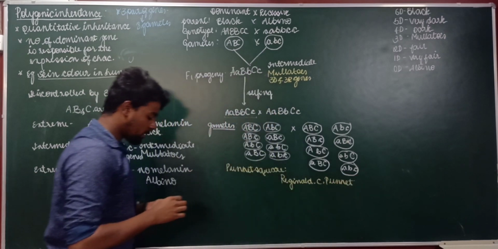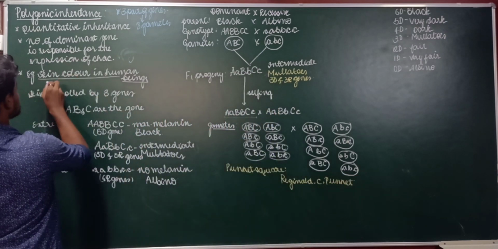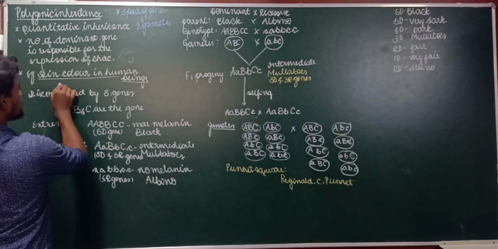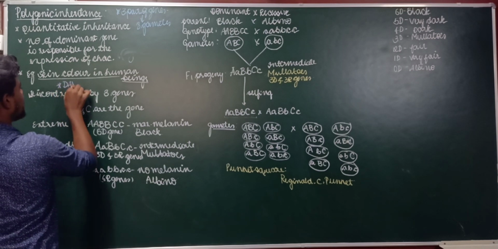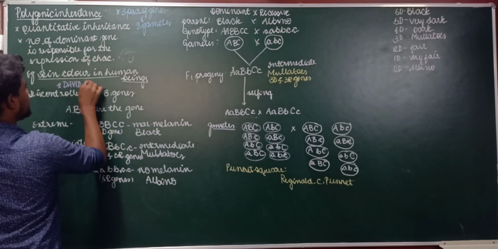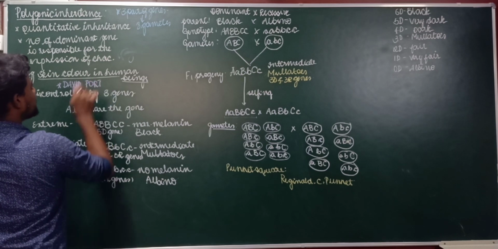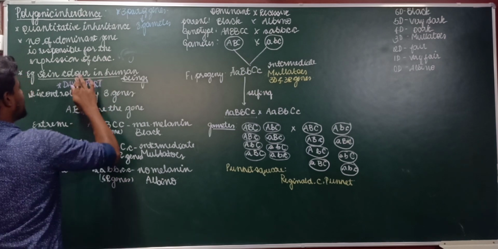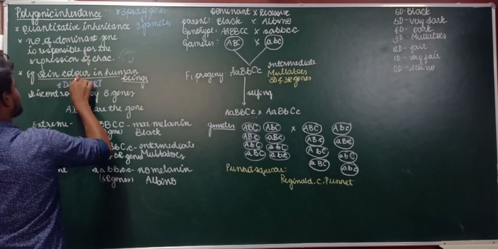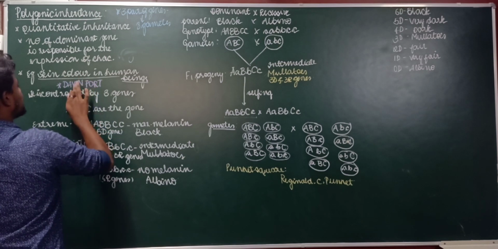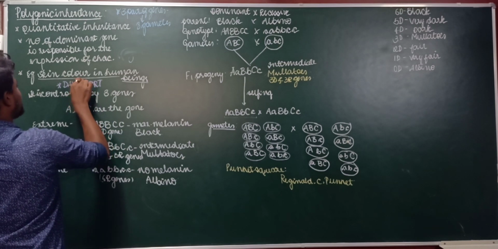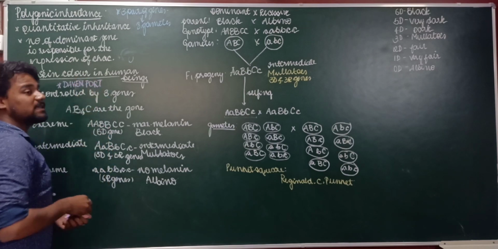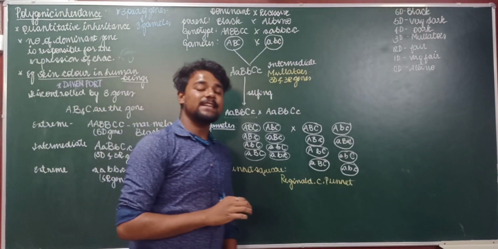And the important point, again, is that skin color in human beings was explained by a scientist called Davenport. Davenport explained that skin color in human beings is actually a polygenic inheritance.